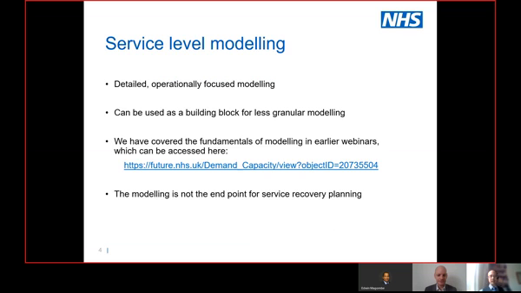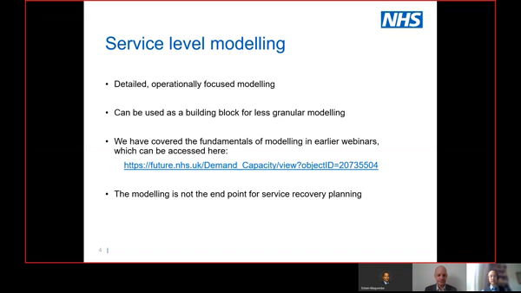So when I talk about service level modeling, what we're really talking about is detailed, operationally focused modeling at a very granular level. So within a service pathway, quite often at a very specific process level. And by modeling at this sort of level, we can use these models as building blocks for less granular modeling. So we can aggregate these different models together to get a view of a whole service pathway and look at potentially a trust level or even a system level.